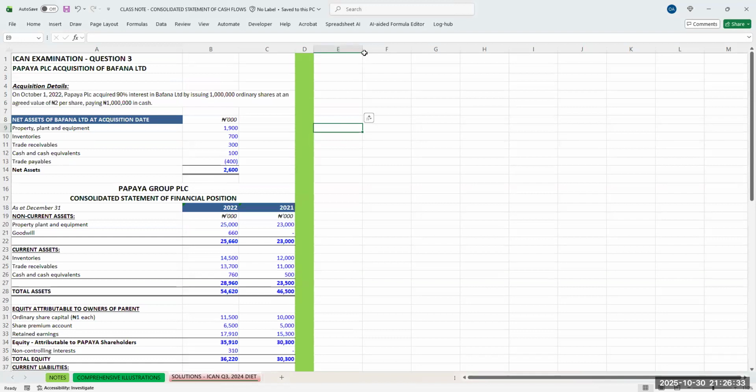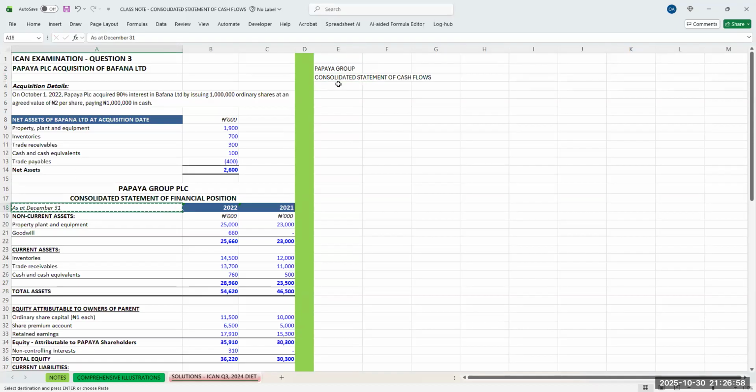Before the adjustment, what we want to draw is Papaya's group. We want to consider for that group the consolidated statement of cash flows. And this statement is for what period? It's at these dates.